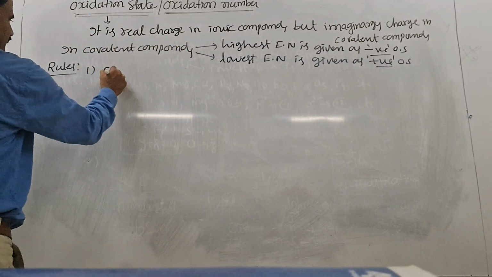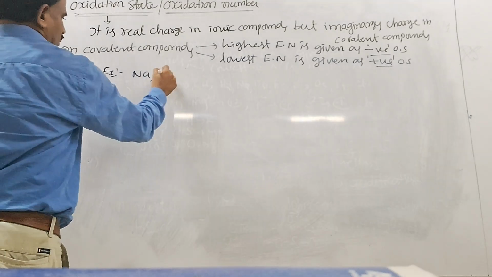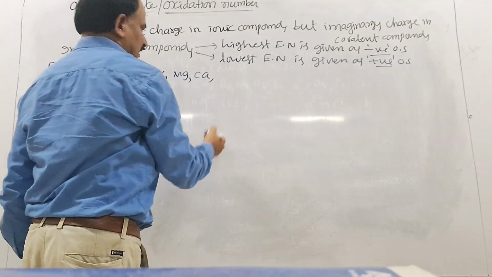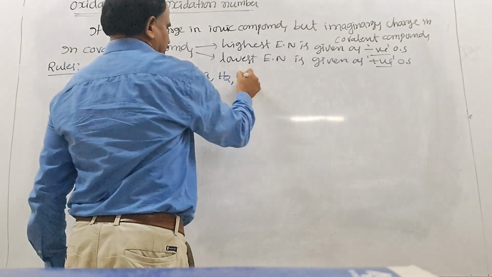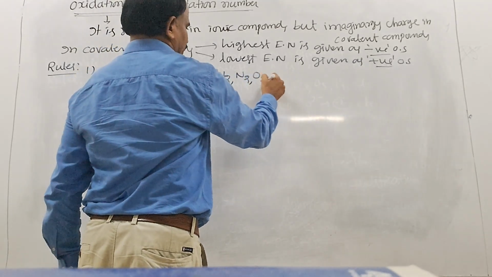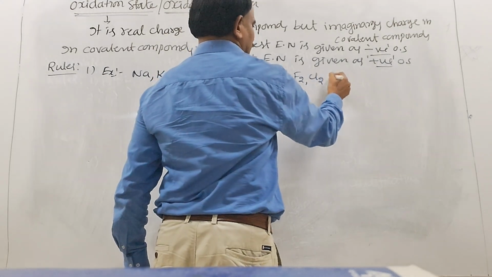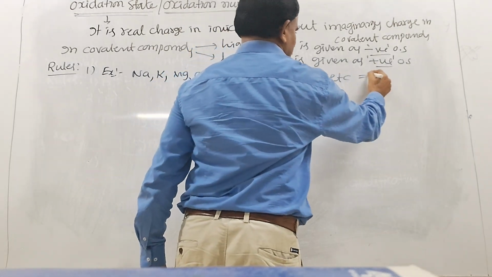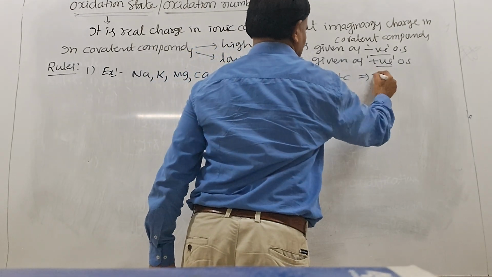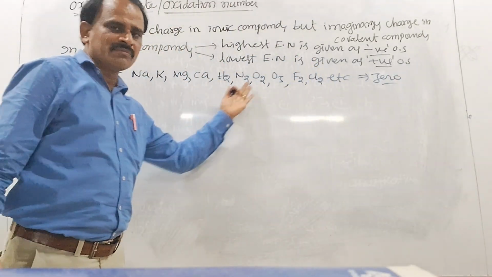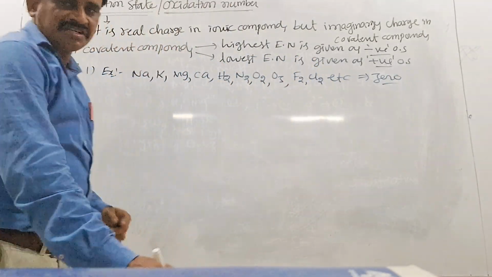For example, sodium, potassium, magnesium, calcium, hydrogen, nitrogen, oxygen, ozone, even fluorine, chlorine, etc. Oxidation number is 0 because they are all elementary forms and homogeneous molecules exhibit 0 oxidation number.